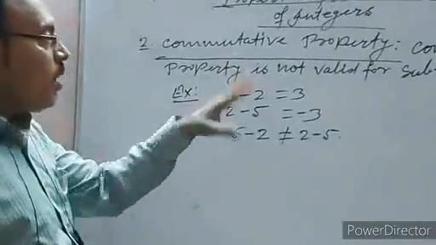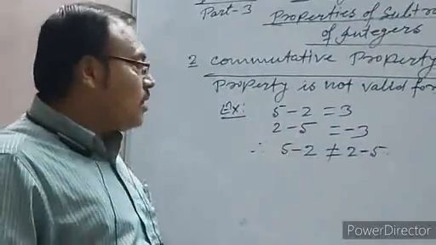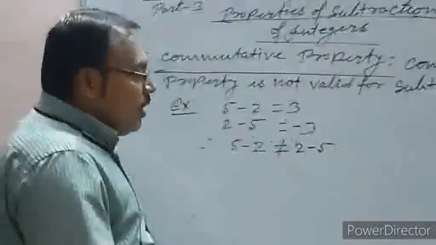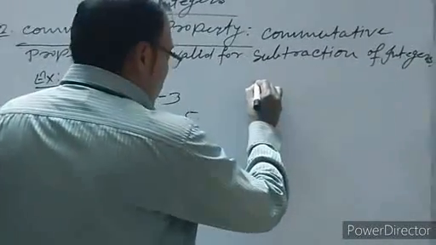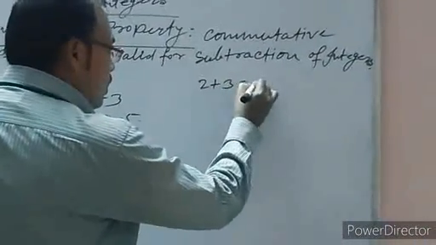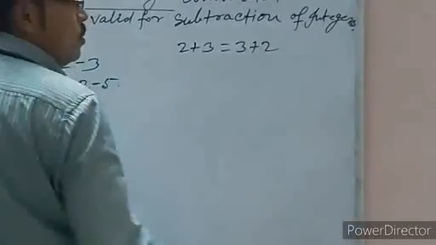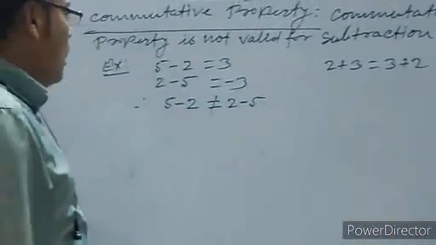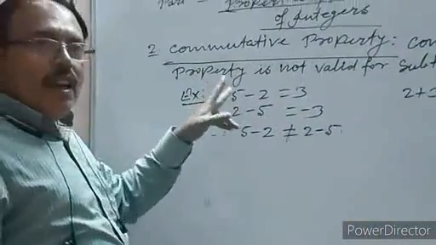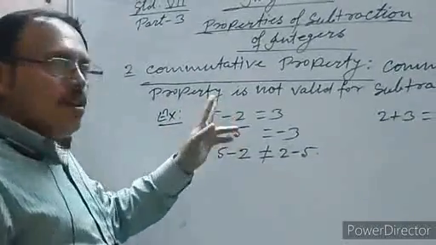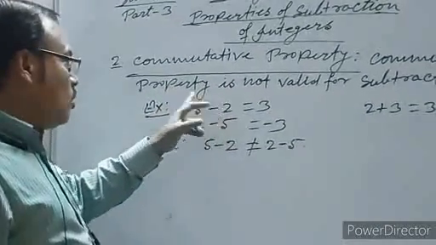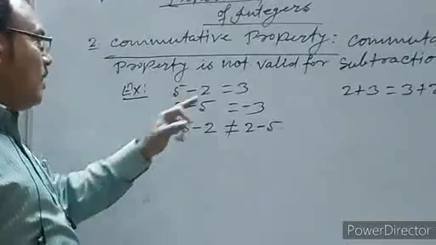Thus, commutative property is not valid for subtraction, because in addition we have seen that 2 plus 3 equal to 3 plus 2. We can add in any order. But here in subtraction, let there be two integers 5 and 2. If we subtract 2 from 5, we get 3.